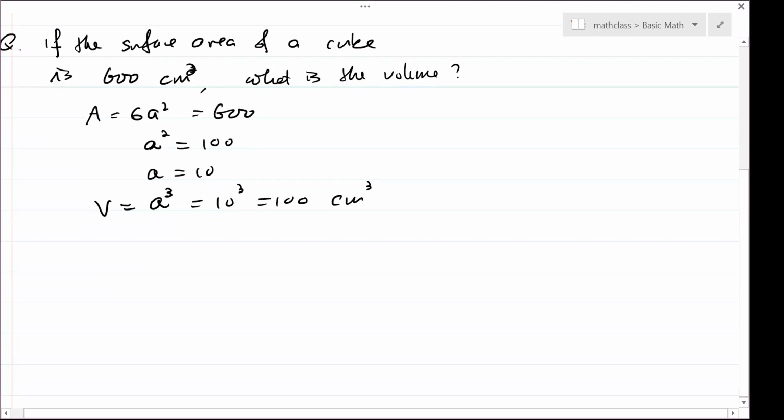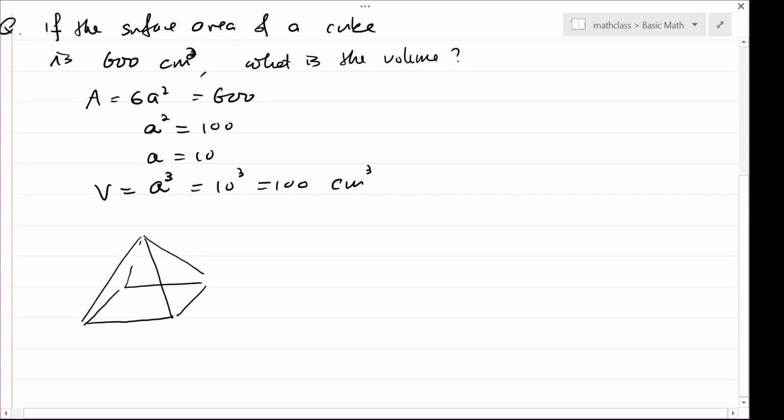Take a look at a pyramid. Because this is a pyramid, this side is A, this side is A, and the height is going to be H. Now, what should we know about the pyramid?